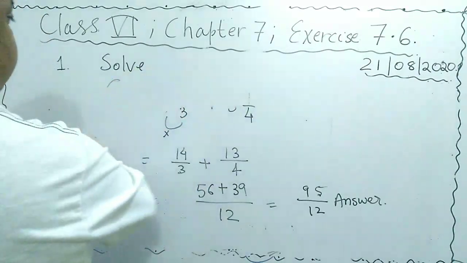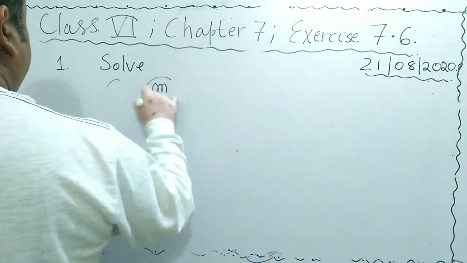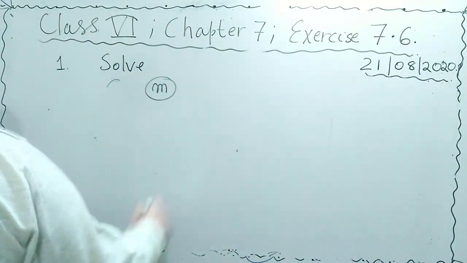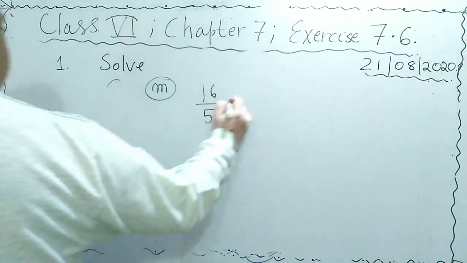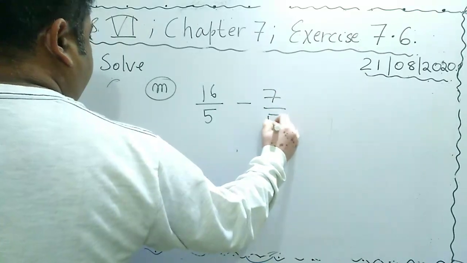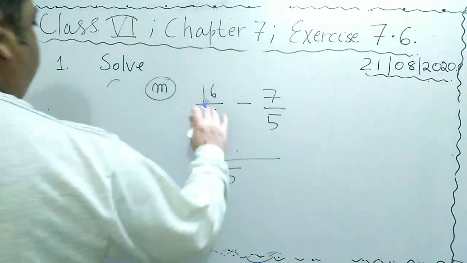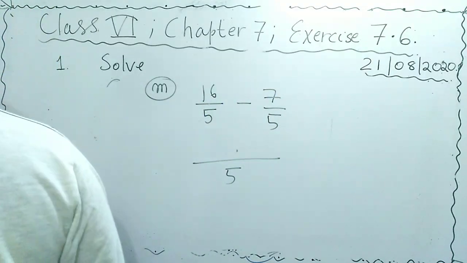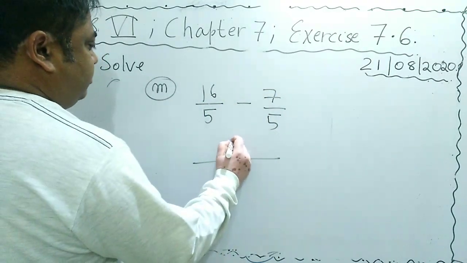M. 16 by 5 minus 7 by 5. Keep 5 as common denominator. This will become 16 minus 7. How much will it be? 9.